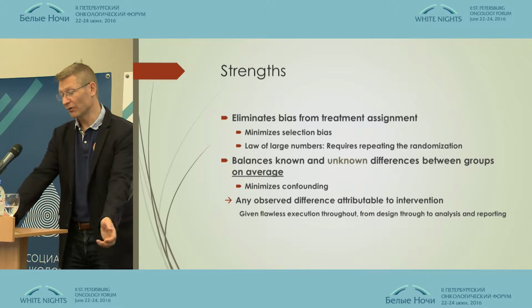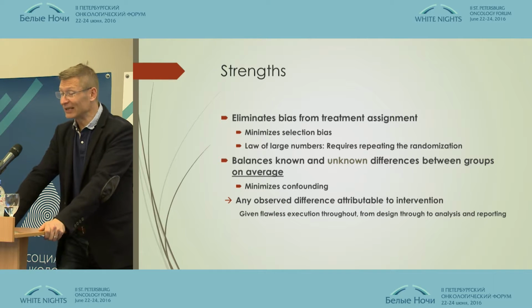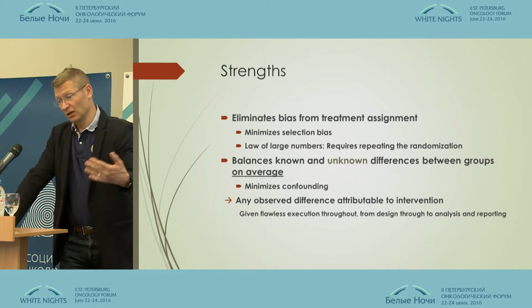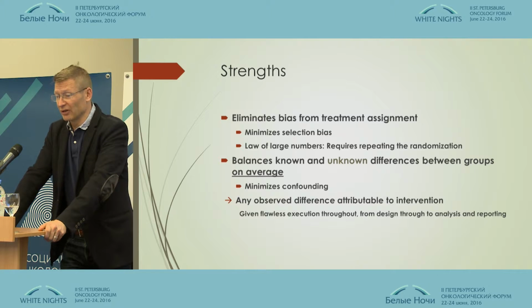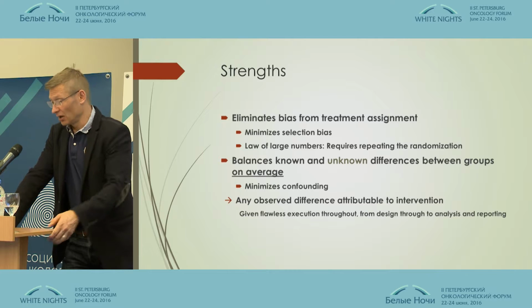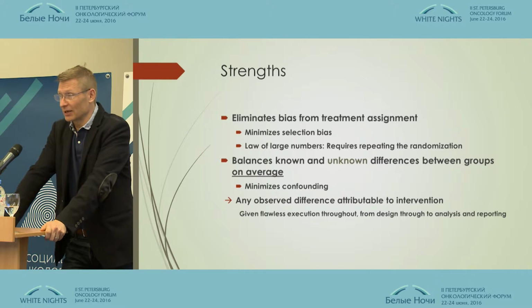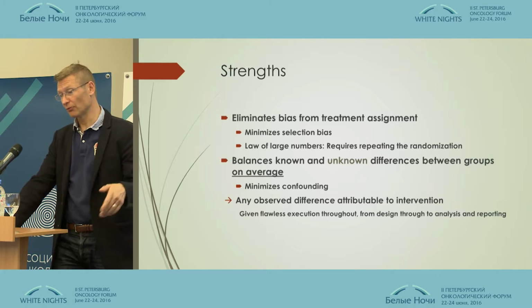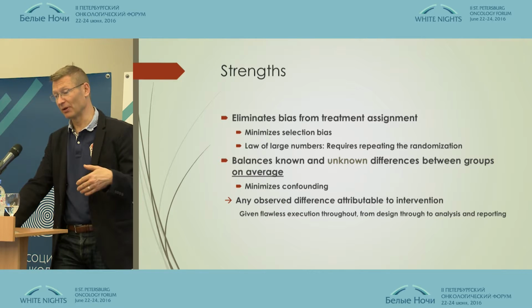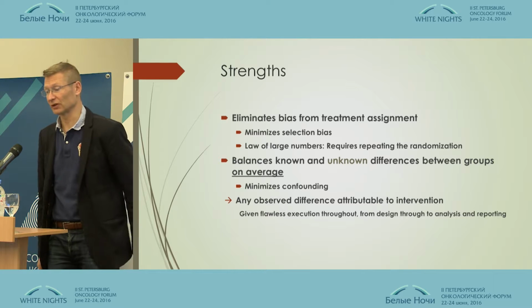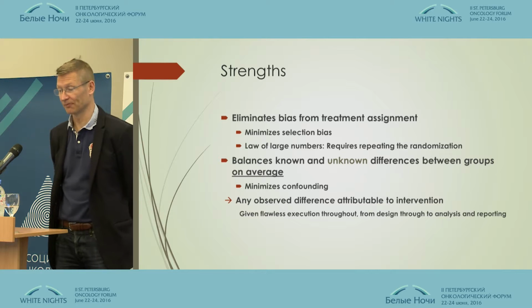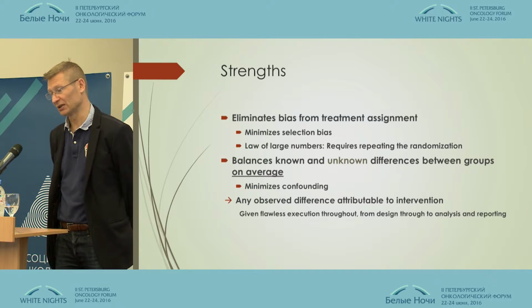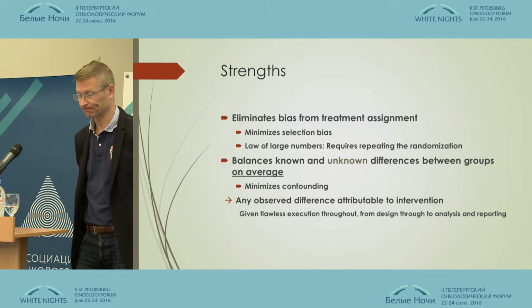So if there are risk factors that we have not identified yet, then in a cohort study or case control study, there's no way of assessing even whether there are differences. However, in a randomized study, we can safely assume that by virtue of randomization, there will be minimal differences also in those factors that have not yet been identified. Which means, once again, that the ceteris paribus, the comparability, is optimal.